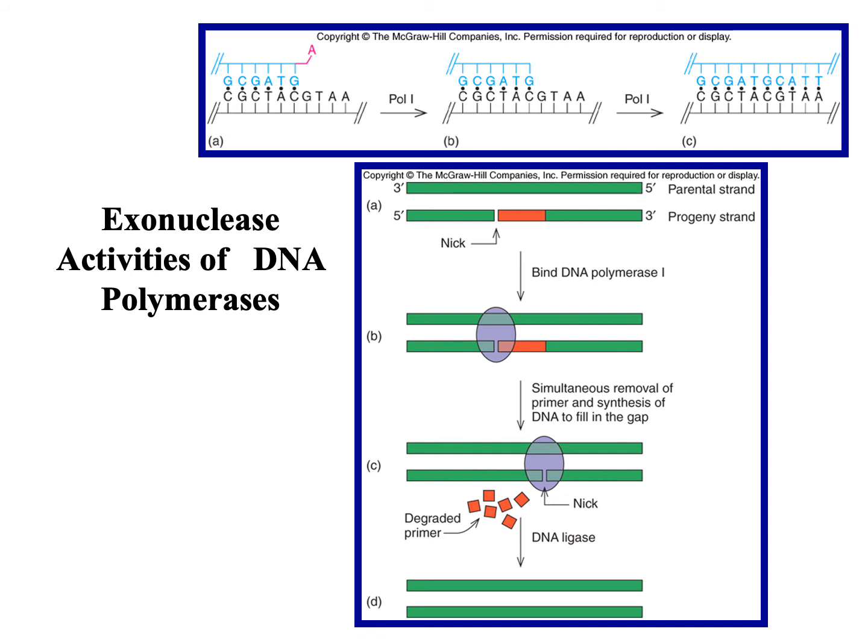And a nuclease is a broad class of enzymes that degrade or break down DNA, typically one nucleotide at a time. We talked about nucleases, in particular restriction endonucleases, when we had our first unit of material, so this shouldn't be completely new to you.